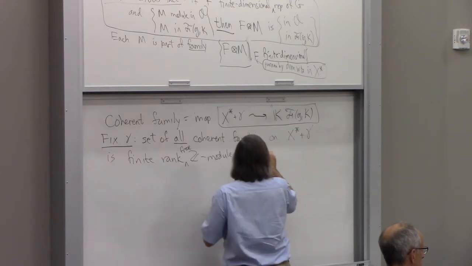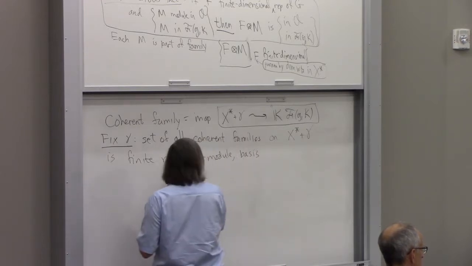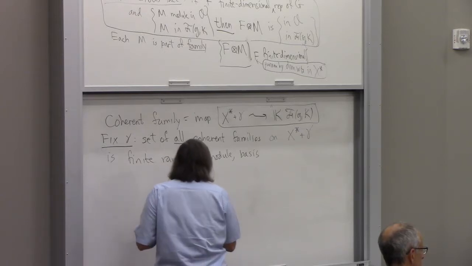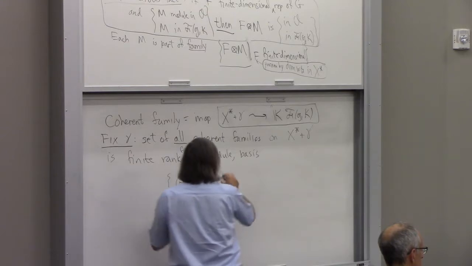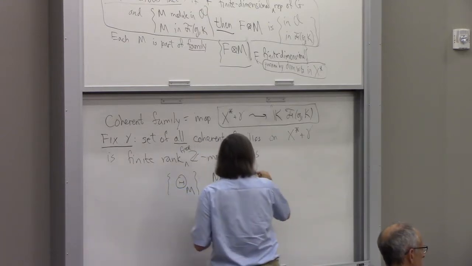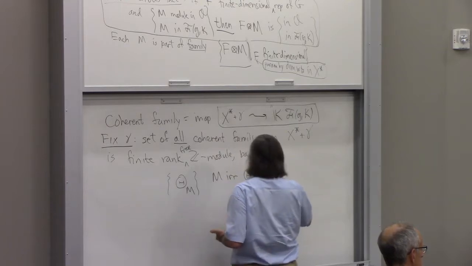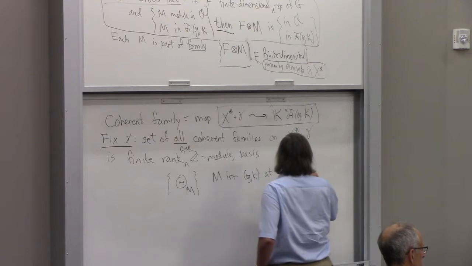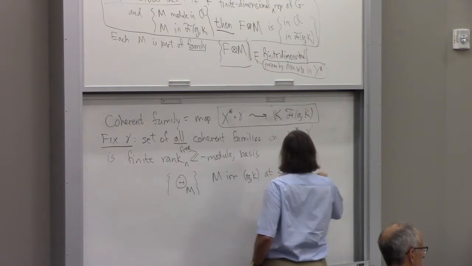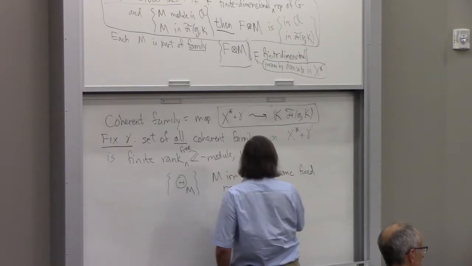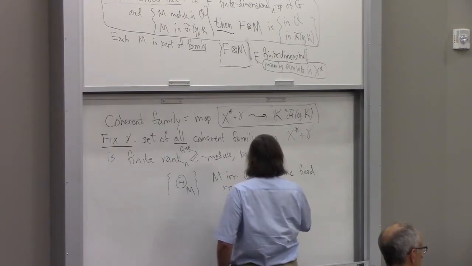with basis given by these theta m's, for m an irreducible GK module at some fixed regular gamma plus lambda.